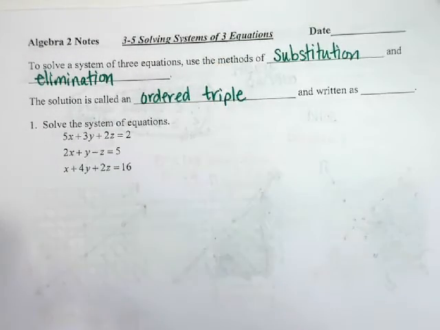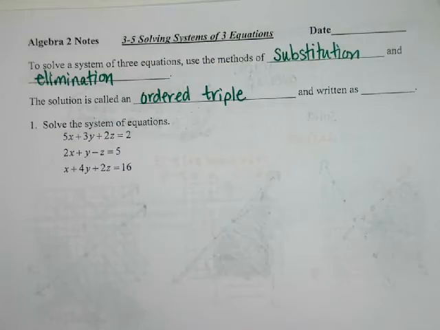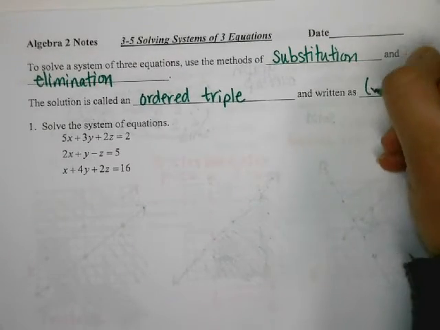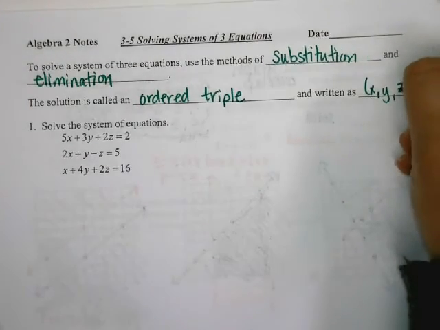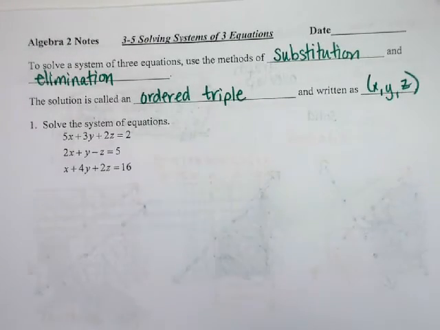When we were graphing them, we wrote our solution as the ordered pair, x comma y, right? When we were solving them, we just wrote x equals and y equals. Now you can write it as x comma y comma z, or you can just say x equals, y equals, z equals. I'm okay with either one.